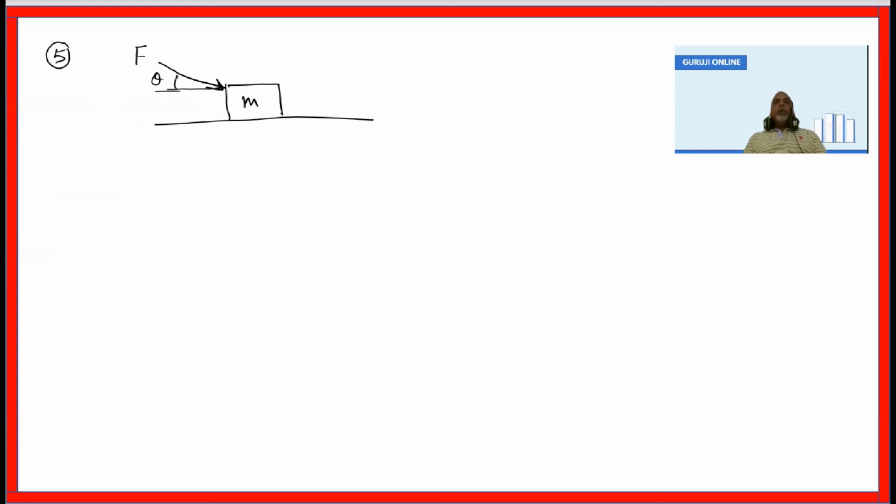In this case, what will happen? Let us take, this is a frictional surface. Then you are pushing the block, it is moving in this direction with acceleration A. So naturally your friction force will be in this direction.